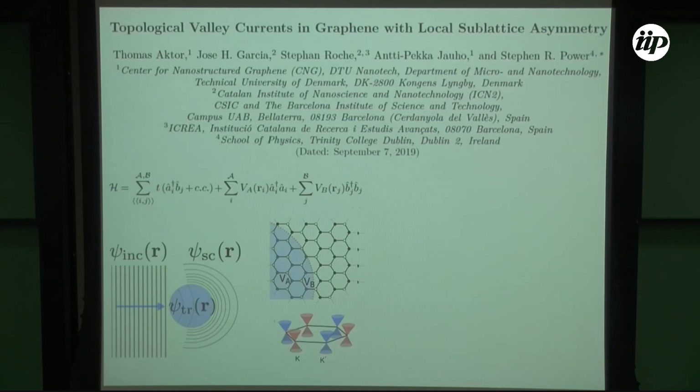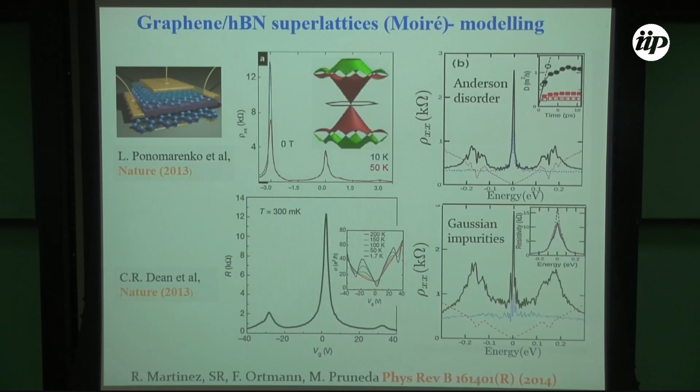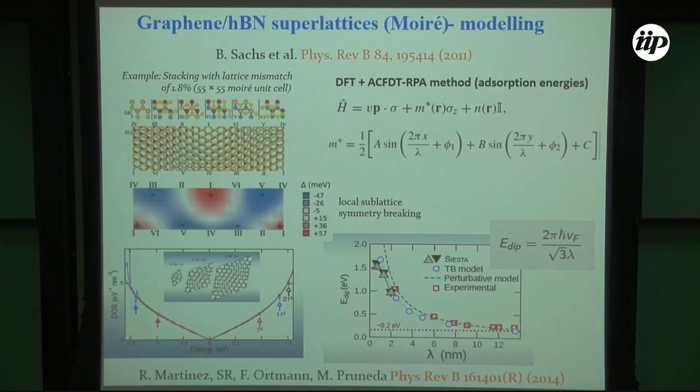Okay. So now, what we have as a new idea is that maybe this situation allows us to reconcile the existence of the Valley Hall effect, but not as an intrinsic Valley Hall effect, but as a kind of extrinsic Valley Hall effect.